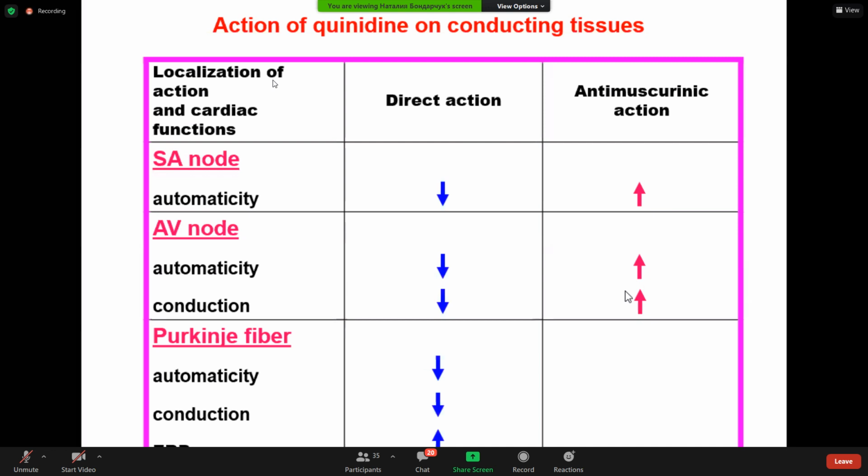And if we are speaking about antimuscarinic action, inhibition of M2 cholinoceptors in the heart, quinidine increases automaticity and conduction. And in general, it will be a mild decrease of automaticity and conduction of the AV node.